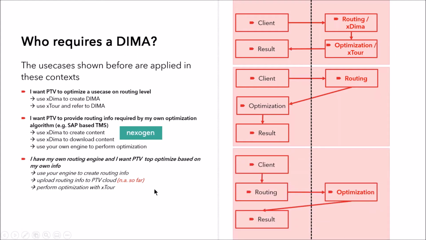In this case, you would need to perform routings with a third-party engine, whatever it is, upload your driving times and driving distances to PTV services, and then let PTV xtour perform the optimization. Unfortunately, this is not possible so far. This is something we are discussing currently. Maybe we will offer this approach in the future.